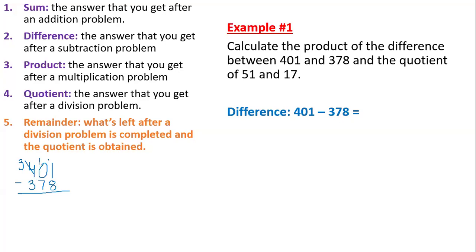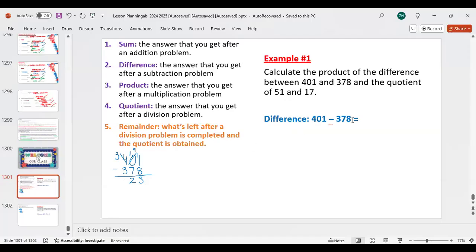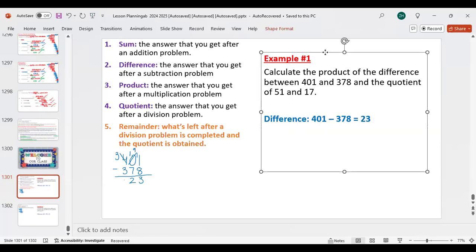We move this, it's gonna be 9. And this is 11. 11 minus 8 is what? 8, 9, 10, 11. That's going to be 3. 9 minus 7 is 2. And 3 minus 3 is 0. So that's going to be 23 right there. All right, what else do we have to do after we already find the difference?